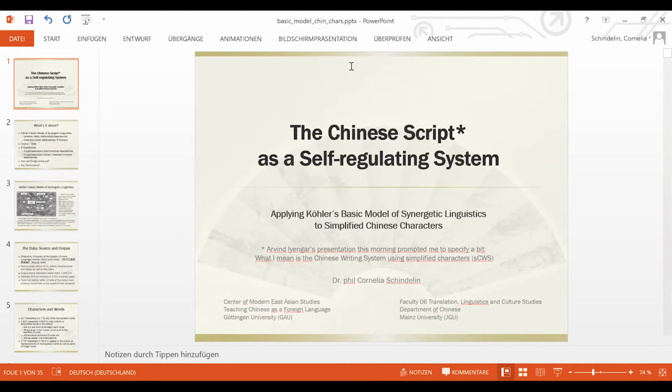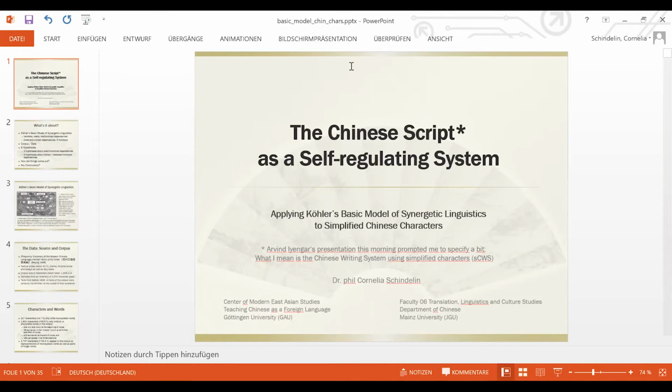Because when it's in presentation mode, I don't see Zoom anymore, which I find suboptimal. Maybe we just go with this. Yeah, that's fine. I try to make it bigger. Ooh, that was a little too big.